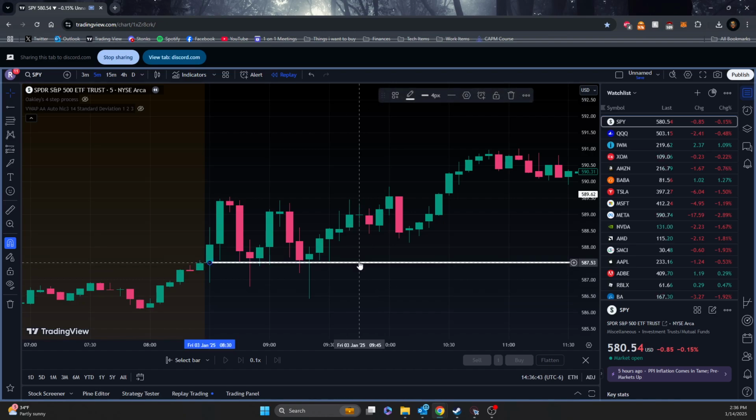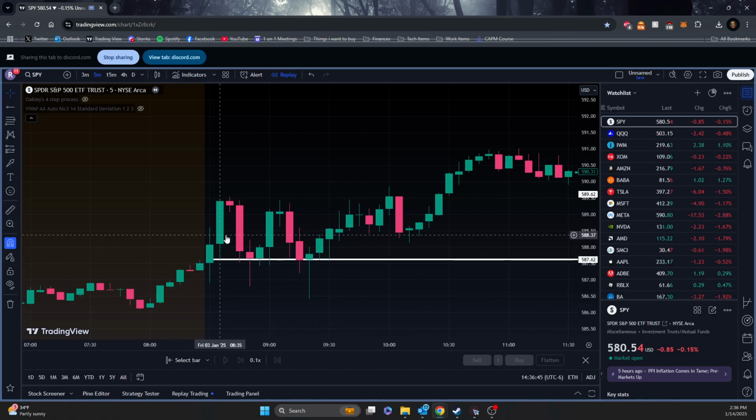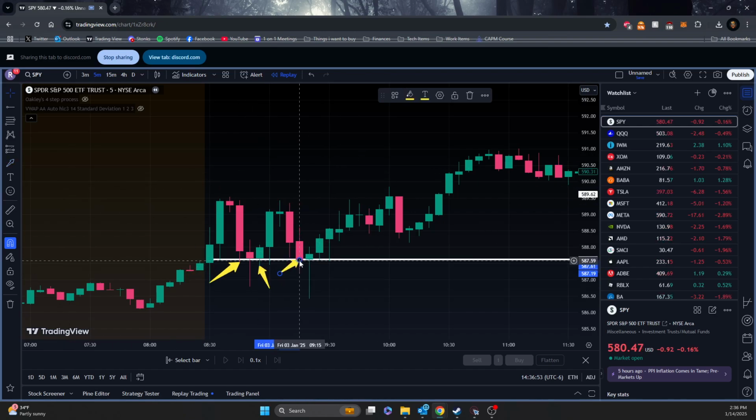So you have quite a bit of support, right? It bounces, and it also bounced here, right? But what they did is they swept underneath that level, grabbed all that money from people that were thinking we were gonna go short at this position.